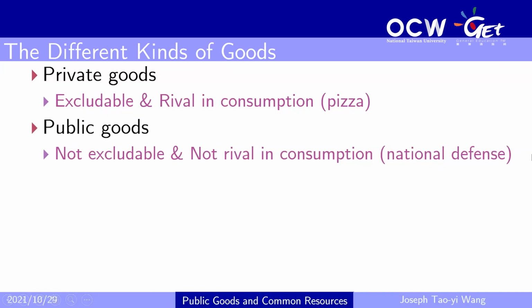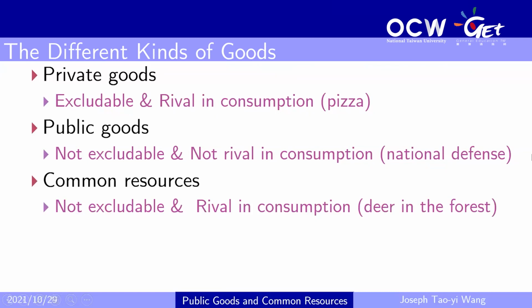If Taiwan's not safe, everybody's not safe. I cannot say I'm going to exclude this person from consuming national defense. But also, national defense is not rival in consumption. It's not that if you are enjoying national defense, then my enjoyment will go down. No, it's not rival. So national defense is a public good.